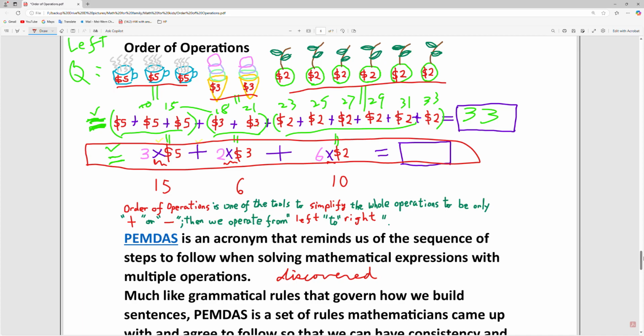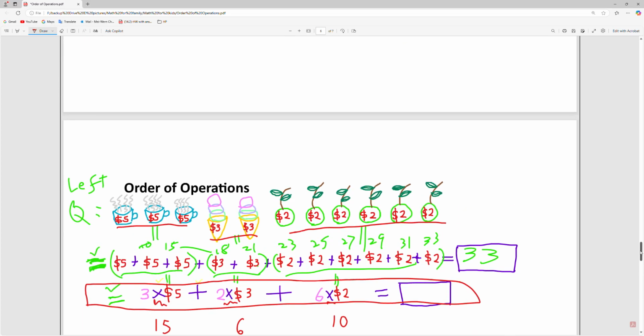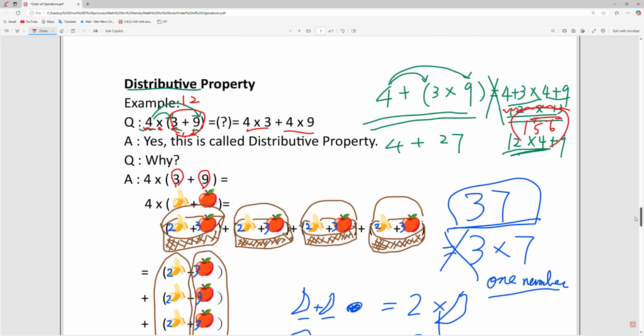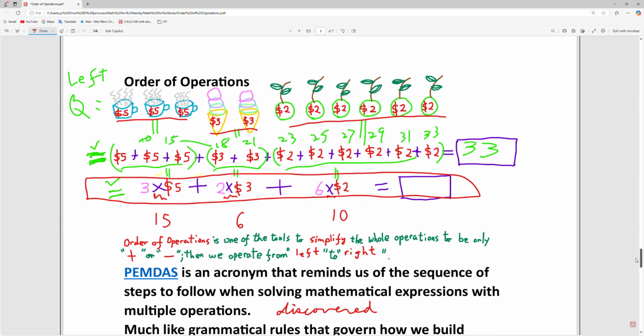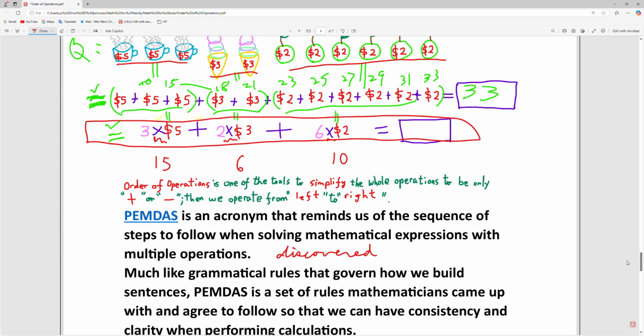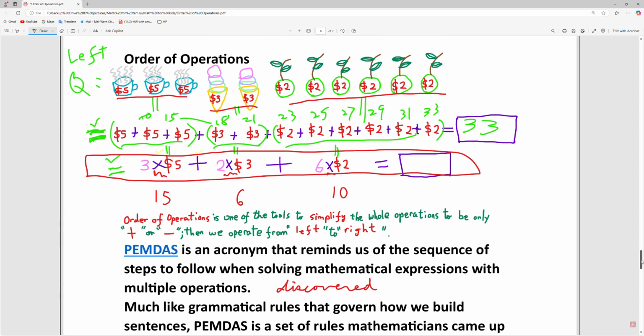If you don't, remember earlier on this page, if you don't follow this rule, how much will you pay? Let me write down a new one and show you. Oh, let me see. 56. Why is it a different number? Oh, sorry. This is not a 10, this is 12.